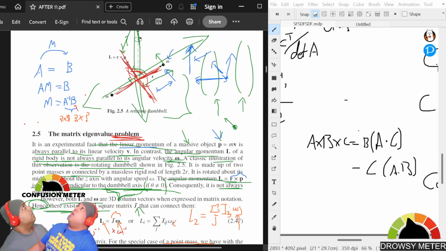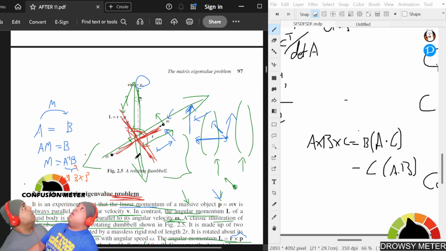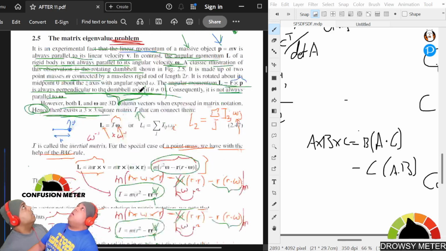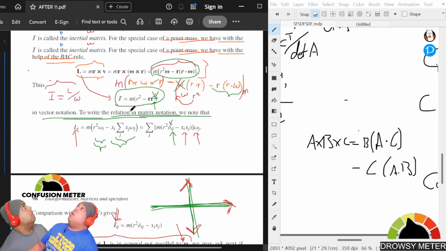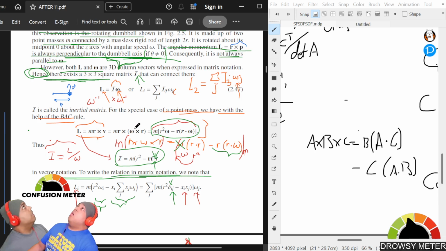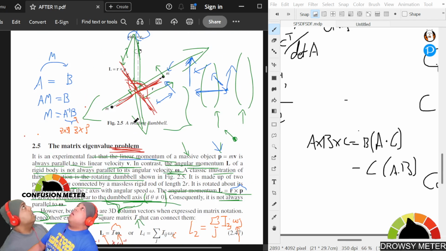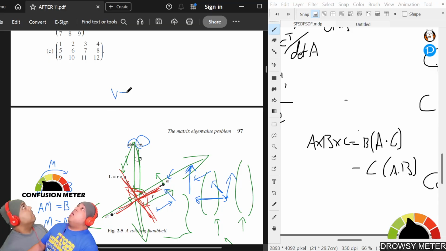The angular momentum L equal R cross P is always perpendicular to the dumbbell axis if theta is not equal to 0. Consequently, it is not always parallel to omega. So omega, okay, down here they're saying V equal omega cross r.